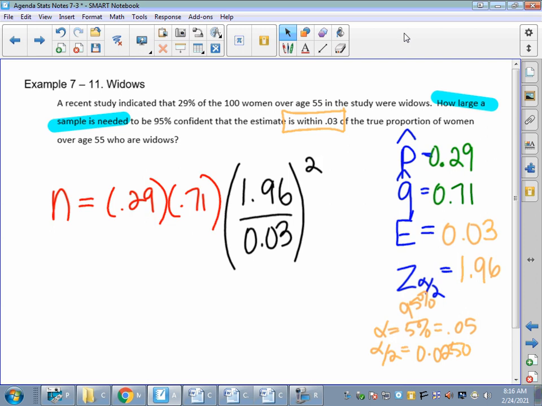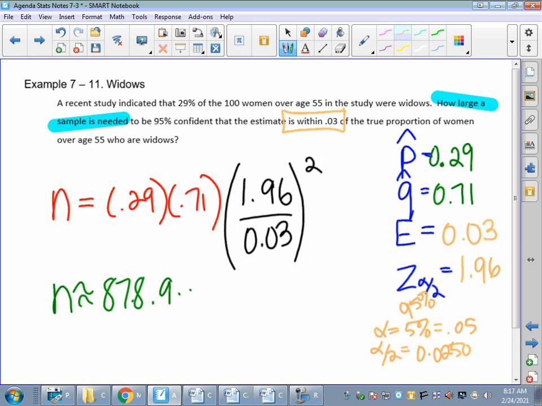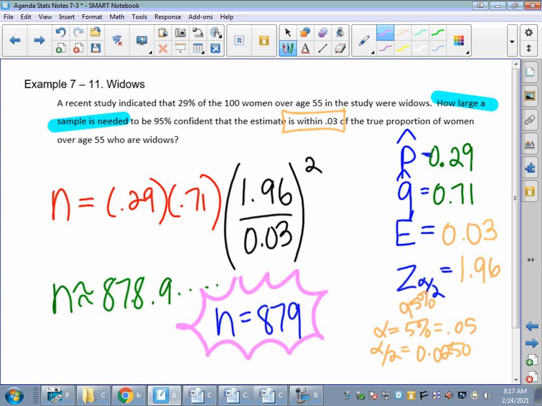I ended up with 878 point 9 something. Always round up, so my sample size needs to be 879 people in order to be 95% confident that that's a good estimate. So I'm verifying that 29% is a good estimate.